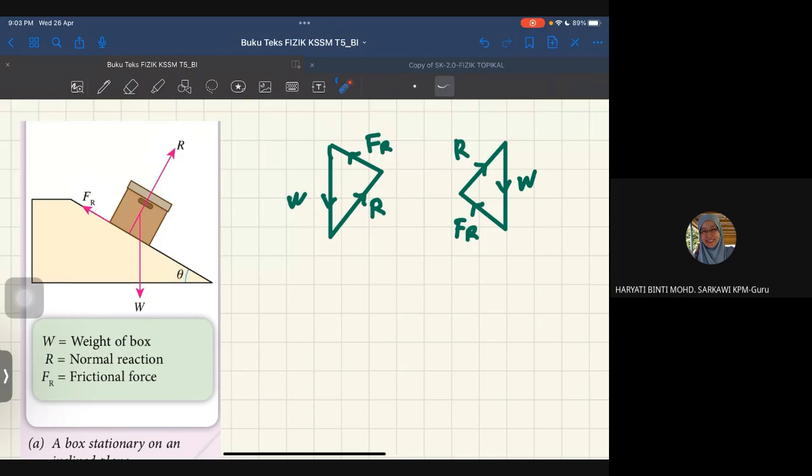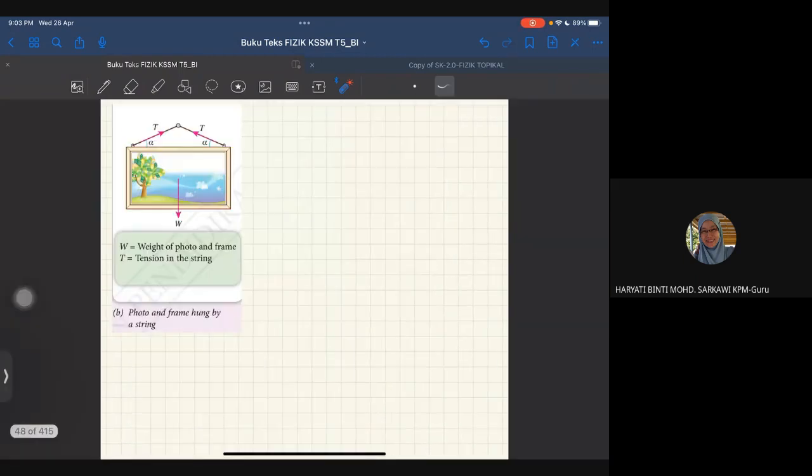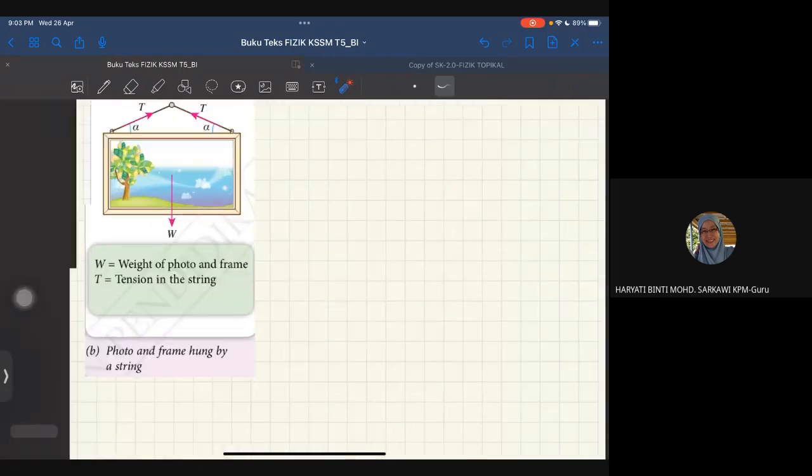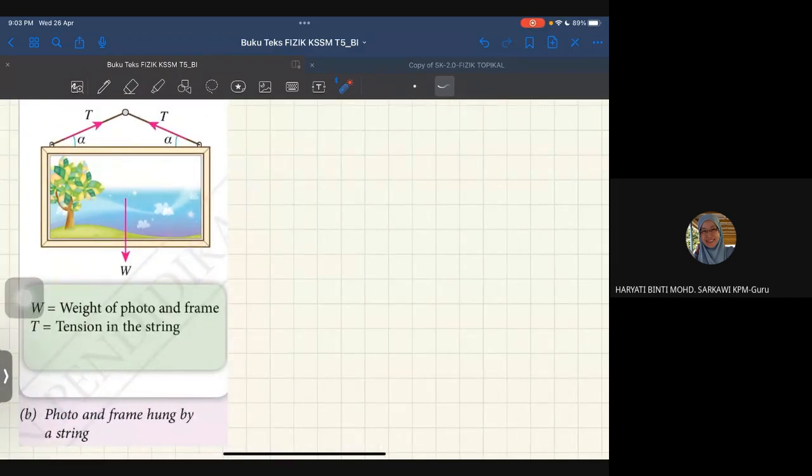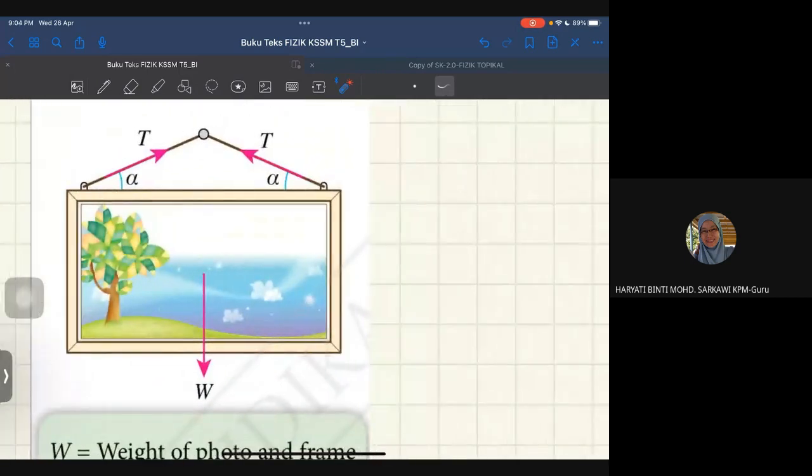Boleh ha? Alright, so we look at the second diagram showing a picture frame hung on the wall by string. In this case, I think this is one string. Yeah, one string, you hang it on the nail on the wall. So label the forces acting on the system.